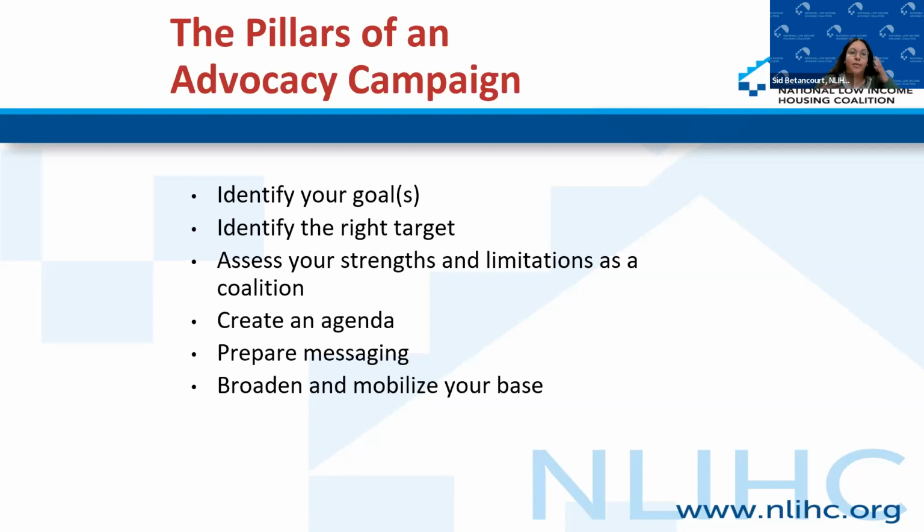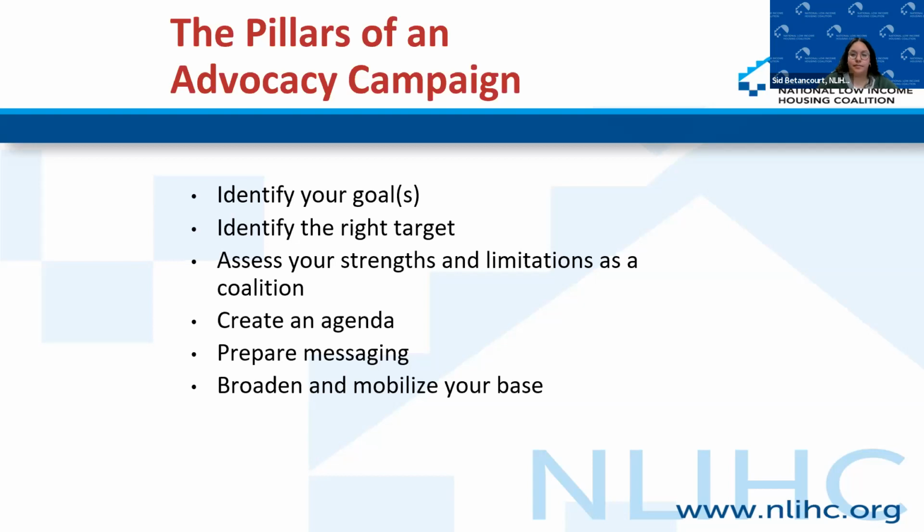And that will really inform the following steps after this. So who are you trying to target? Is it your city council? Is it your state legislature? Is it the school board? Whoever your target is, you want to make sure that you know who it is and you know them well.